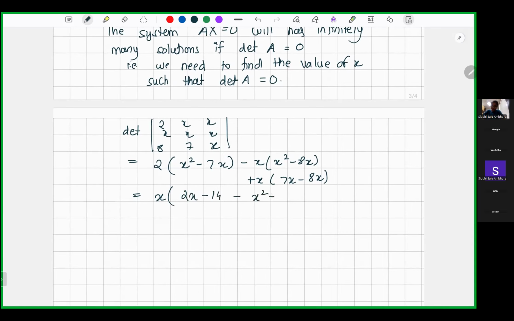Minus x square minus plus 8, and this is minus x. So this is x.